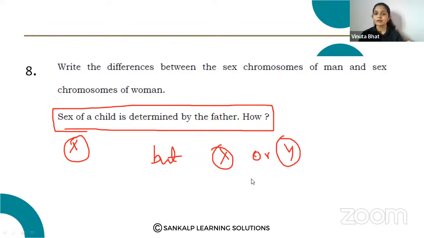If the sperm containing the X chromosome fuses with the egg, the resulting baby will be female. If the sperm containing the Y chromosome fuses with the X chromosome, the resulting baby will be a boy. So for this reason, the sex of the child is determined by the father, not by the mother.